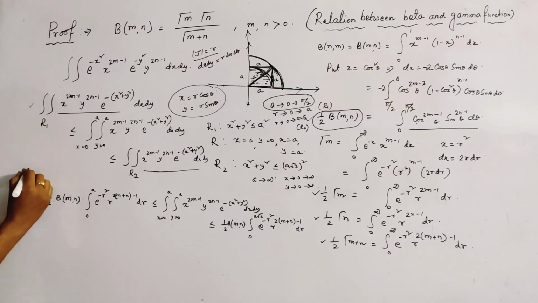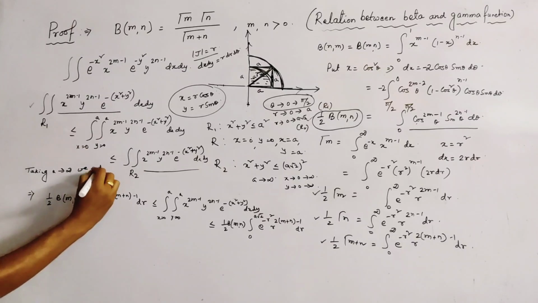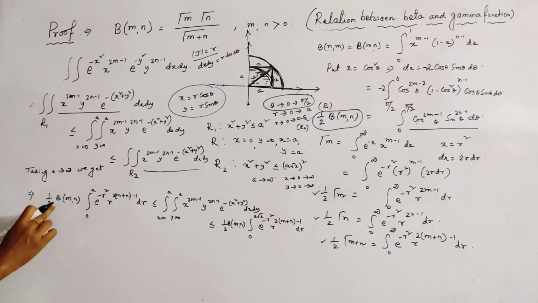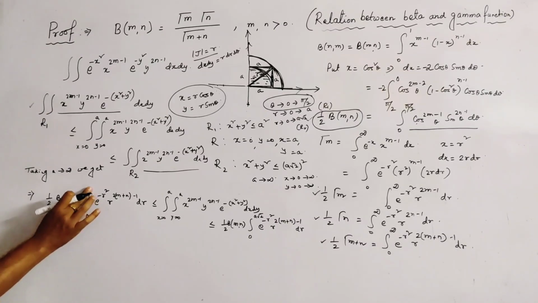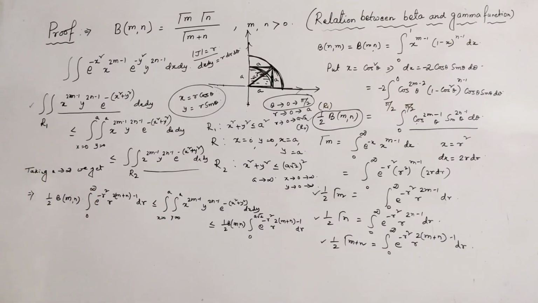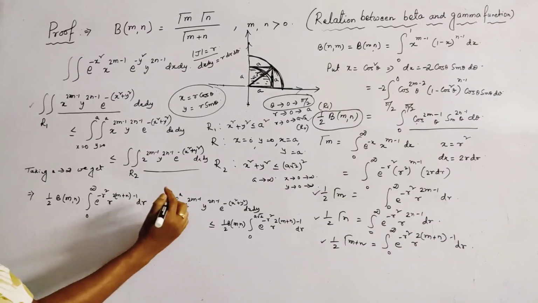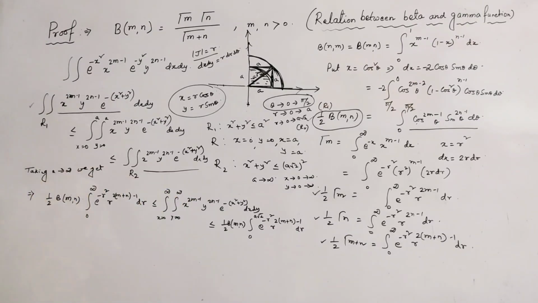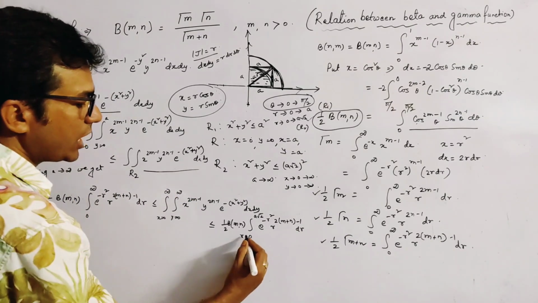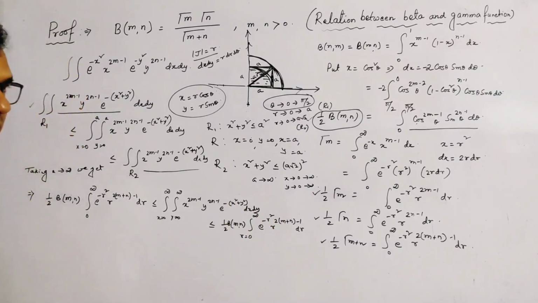So this integration becomes, by taking a tends to infinity, half into beta mn, there is no change, and this integration becomes 0 to a, then becomes 0 to infinity. And for this integration, x equals 0 to a, this is infinity, also this is infinity. And the right side is also r, equal to 0 to a root 2, this is infinity.